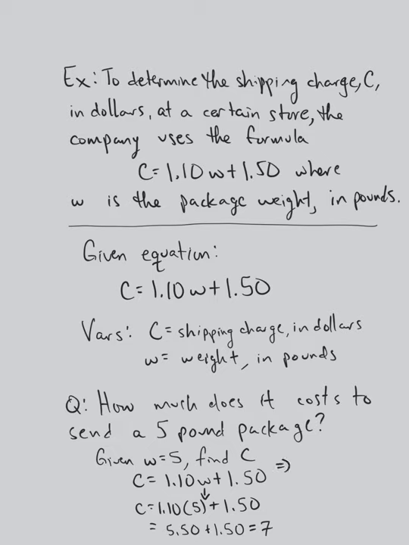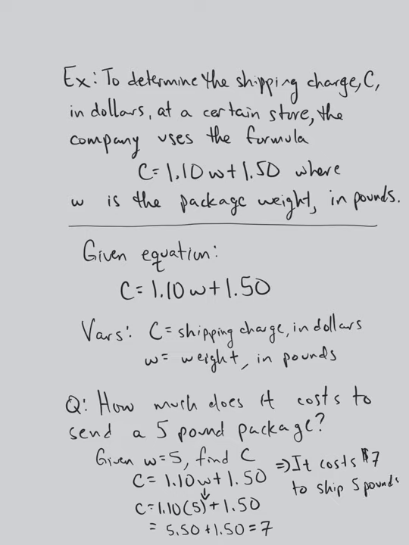It costs, it's not the best verbiage there, starting with an it, but it costs $7. If you just say it costs $7, you're kind of implying that it always costs $7. It only costs $7 if the package weight is 5 pounds, and so it costs $7 to ship 5 pounds.